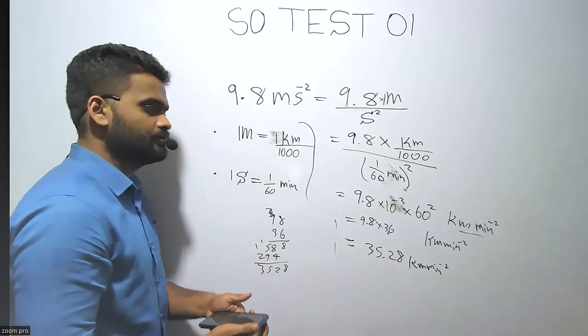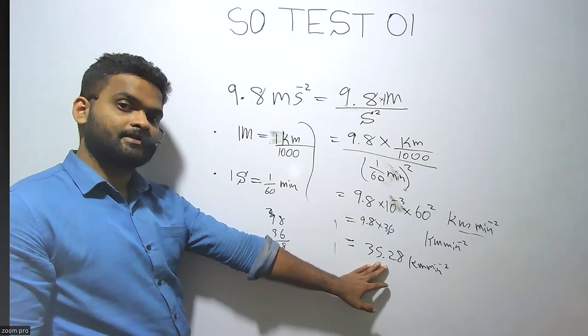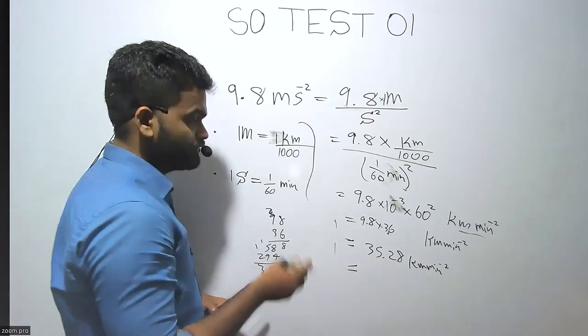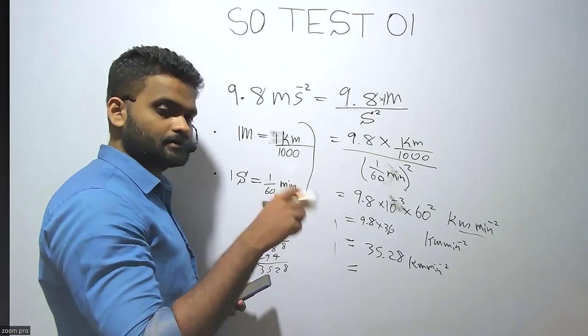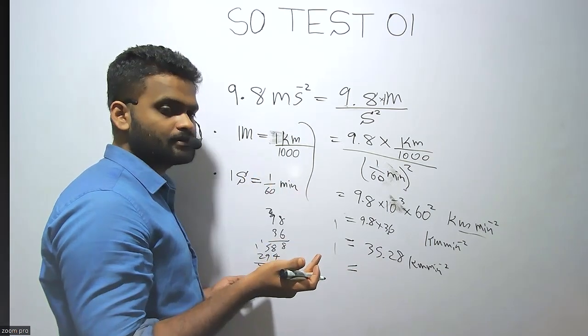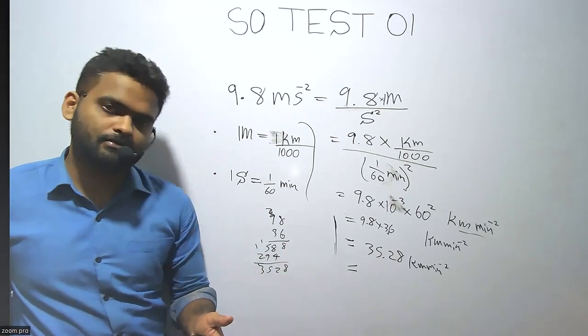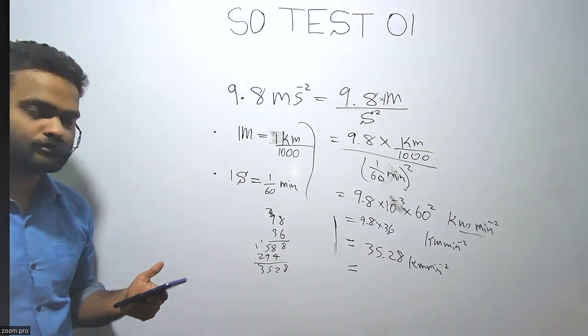Okay, so we get this answer. There's a bit of simplification, right? You need to practice simplifications, right? Many students just don't do these simplifications whenever they see a complicated one, but in the exam you get these simplifications, so you need to get used to these.